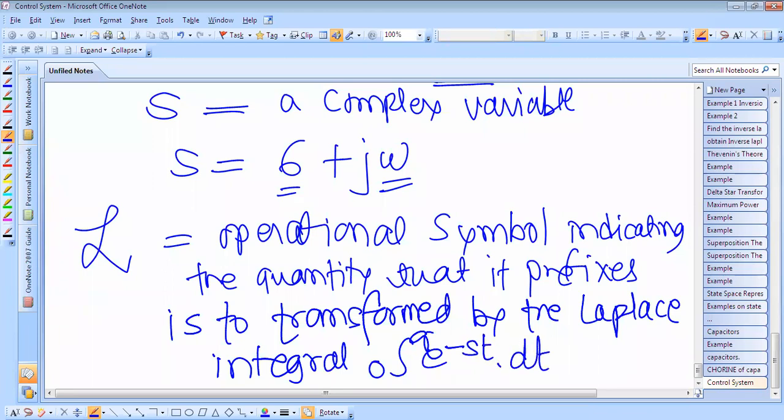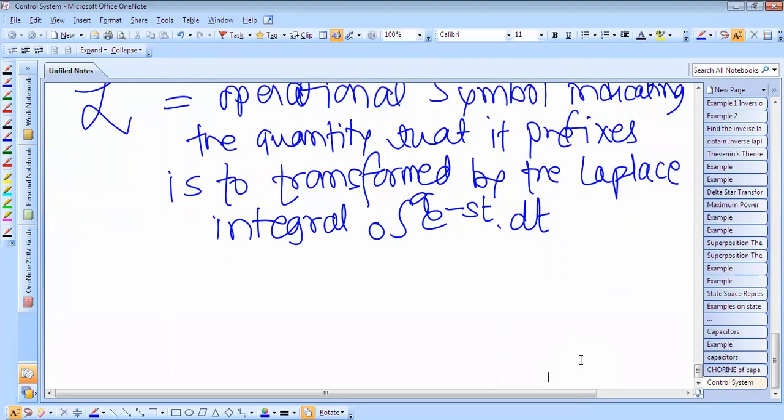So whenever such an operational symbol is there, it is an indication that the quantity that is prefixed is to be transformed by the Laplace integral from 0 to infinity of e raised to power minus st dt. And this F of s, what is F of s?